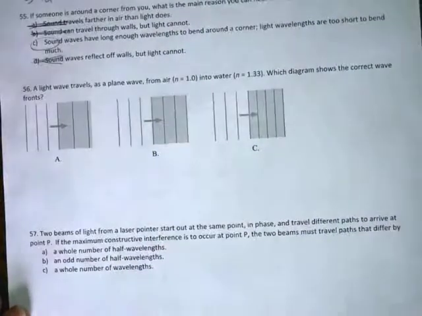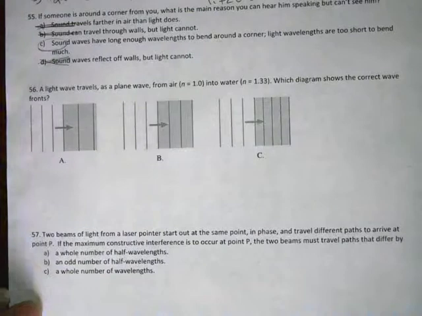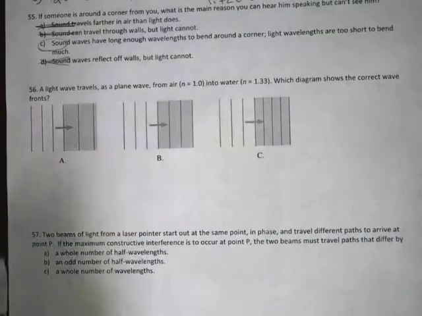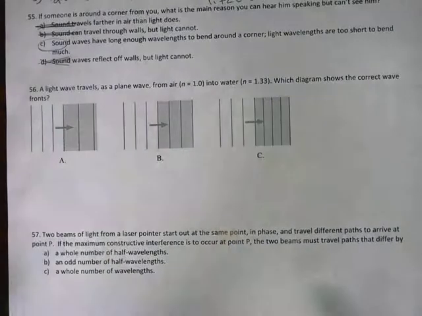Okay. As a light wave travels as a plane wave from air into water, which diagram shows the correct wave fronts? So inherent to being able to solve this question is the realization that the only thing that is not changing here is the frequency of the wave.